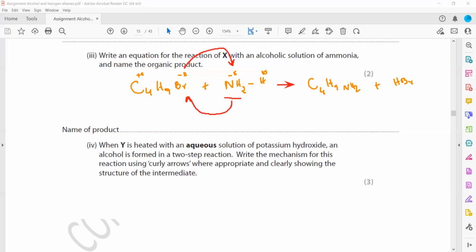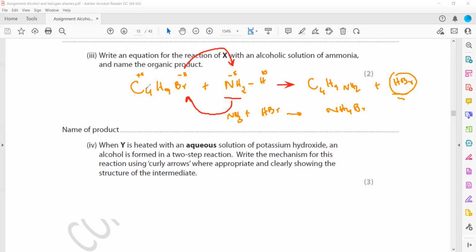But as I mentioned, normally in this reaction, the HBr is correct, but hydrogen bromide is acidic. So it can react with another molecule of ammonia, as we use excess ammonia for this reaction, and this will produce NH4Br, ammonium bromide.